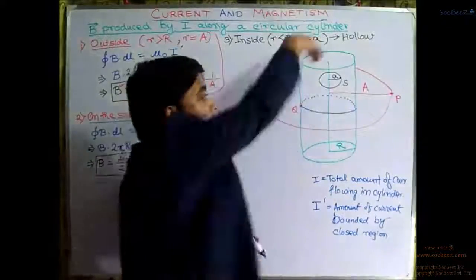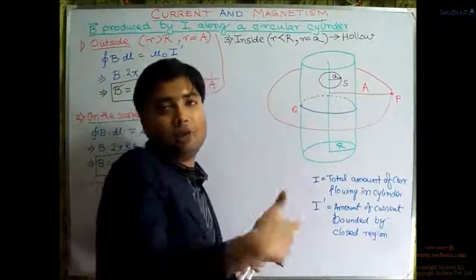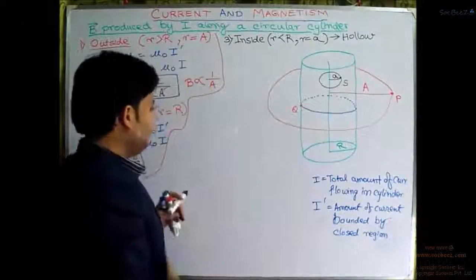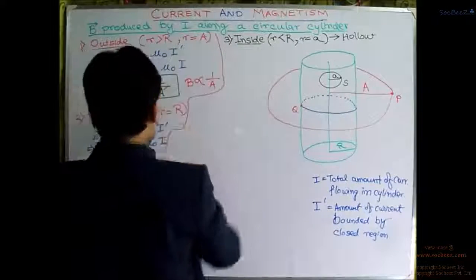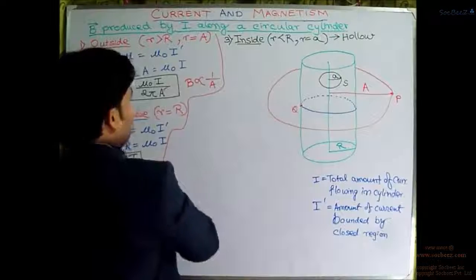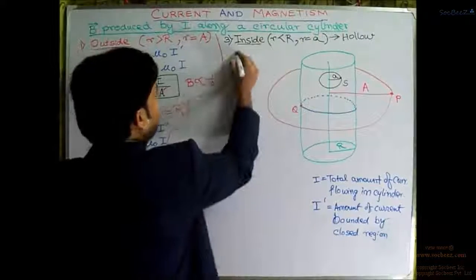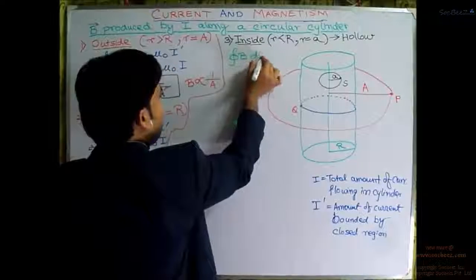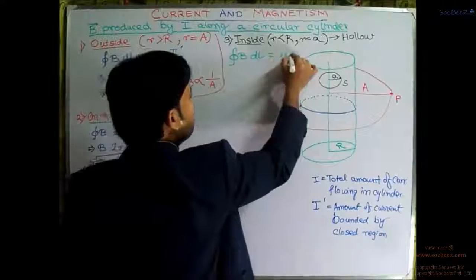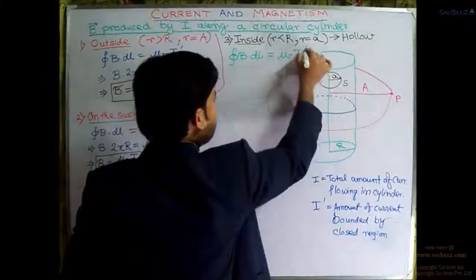We could put a hand inside it. This is simply hollow. So applying the Ampere's circuital law over here, we shall get the line integral of B dl equals mu naught I dash.